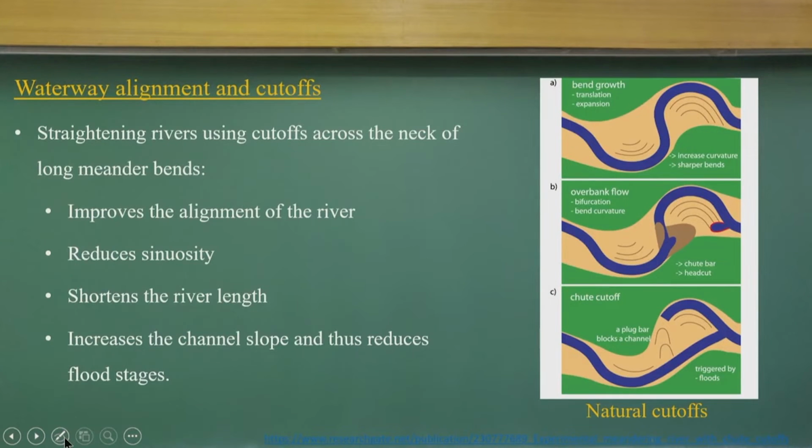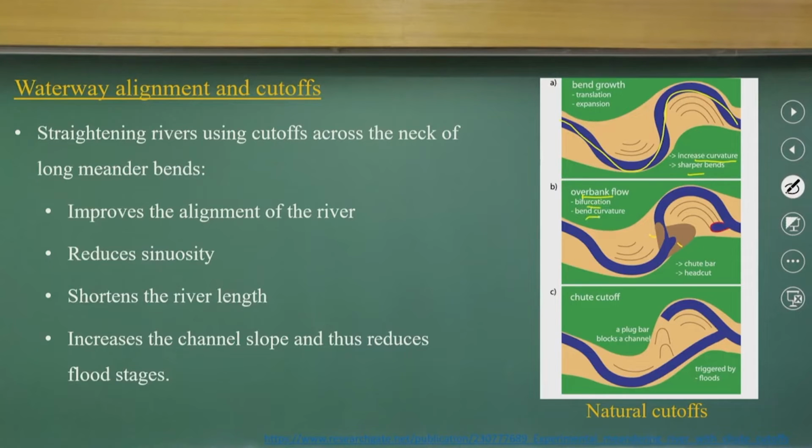So, you know from natural cases that when a river has a bend like this, it increases the curvature and shortens the bend. After a certain time, it cannot maintain more shortening of the bend, because overflow happens, the flow overflows like this. The bifurcation bend is covered.